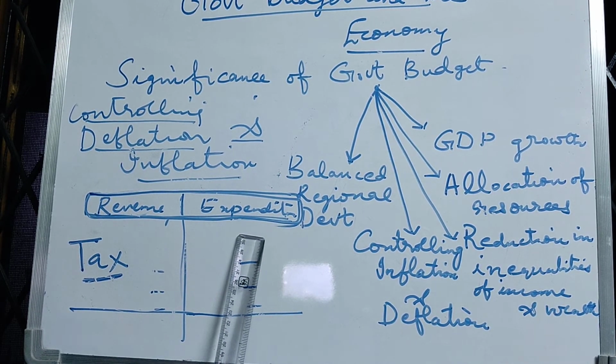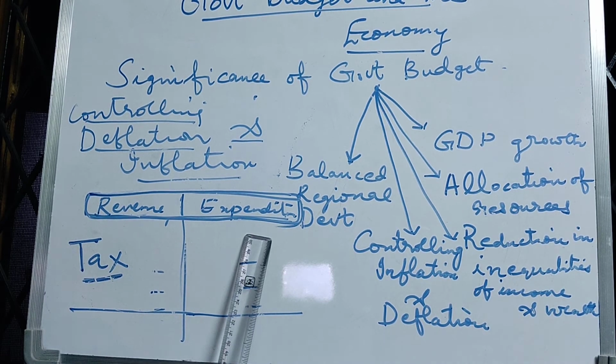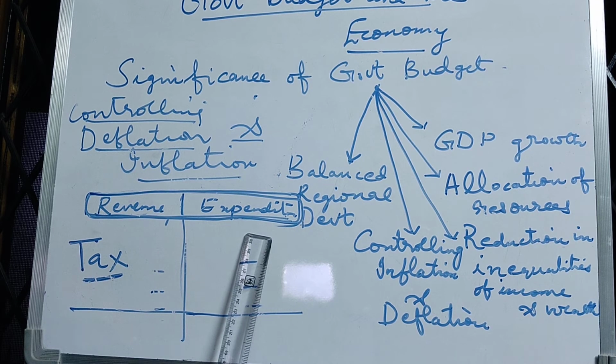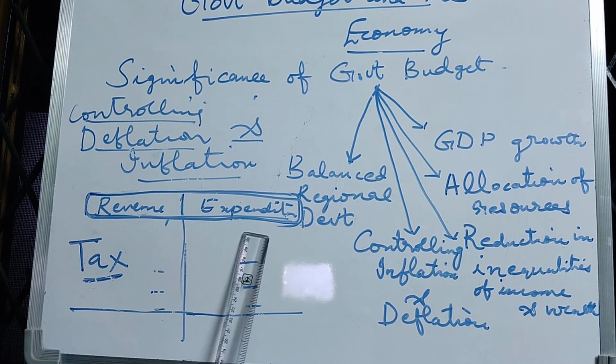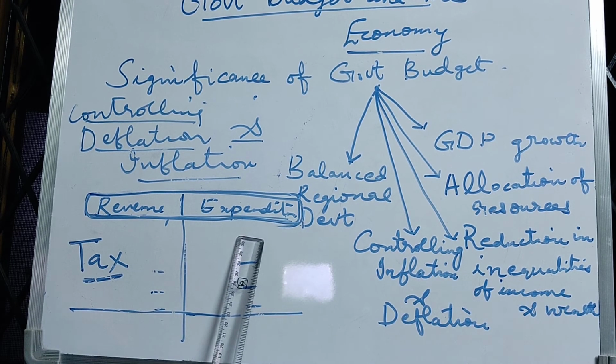The spending occurs in this manner: the government will start construction activities, constructing roads, railway lines, bridges, etc. Through that, more and more people get job opportunities.